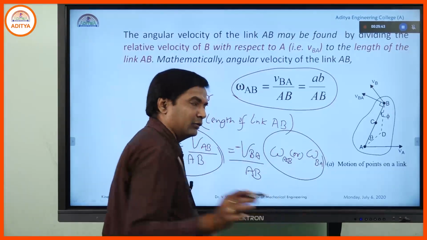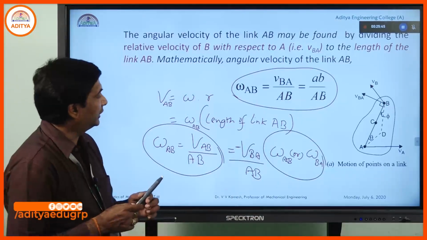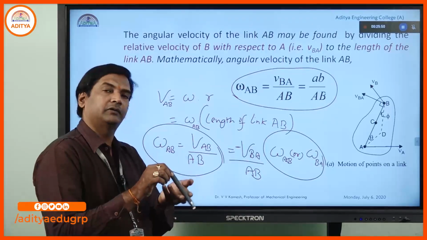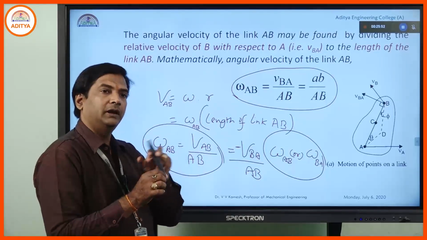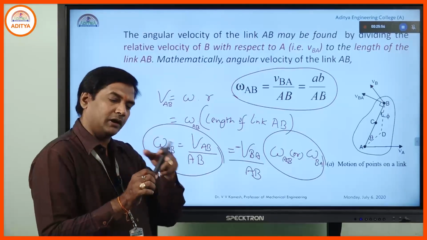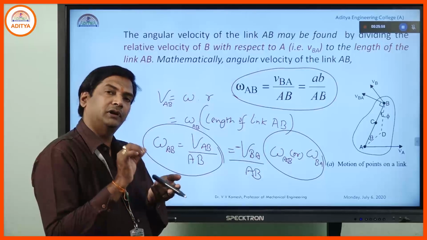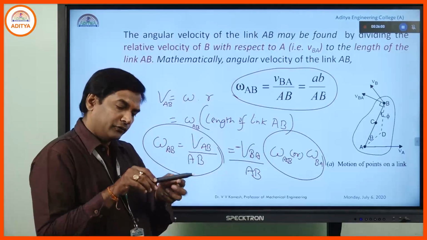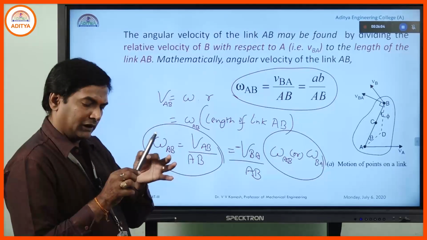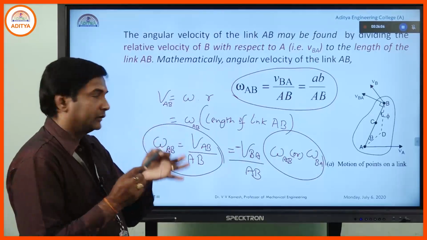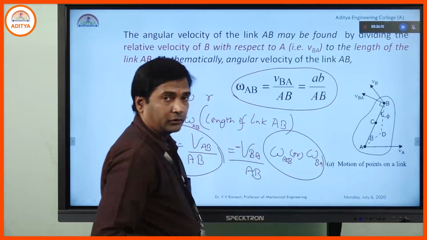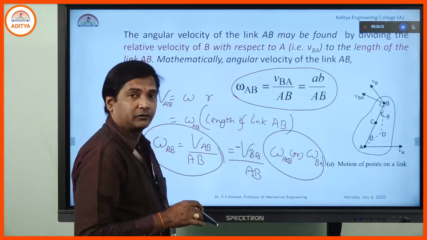Both are equal. Because once I make a statement that a crank is rotating with some angular velocity in the anti-clockwise or clockwise direction, that is the main point. If it is rotating at 20 radians per second anti-clockwise, then omega AB is equal to 20 or omega BA is equal to 20, both in the anti-clockwise direction.